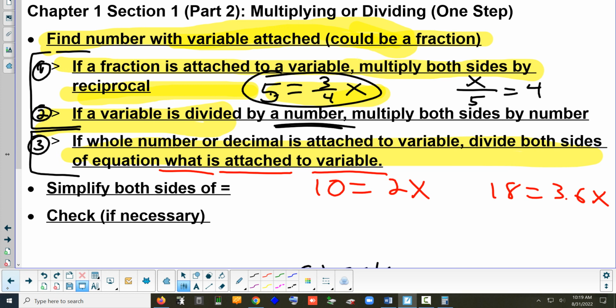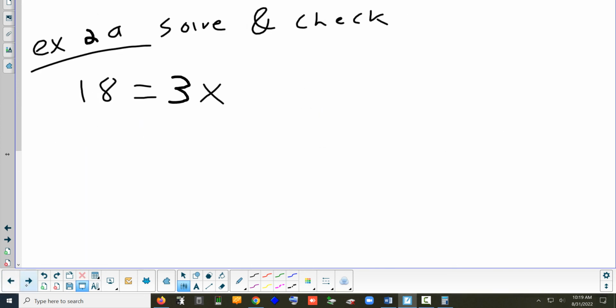Which one is that? Yeah, that's the third one. That's where you have a whole number. Remember, a whole number is just the number that doesn't have a decimal. We have a whole number attached to the variable. So, what math operation do we use to solve this? It's either we're going to try multiplication or we're going to try division. Good? Yep, we're going to divide.